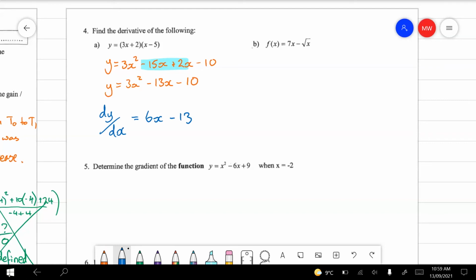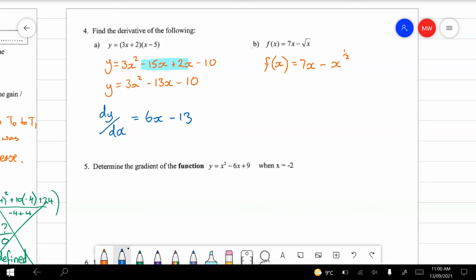Next one, we're back into index notation again, so let's rewrite this so that we can use our rule. So normal function, not the derivative yet. We're going to go 7x, and then the square root of x can also be written as x to the half. And if we do that, then we're more easily able to use our rule.